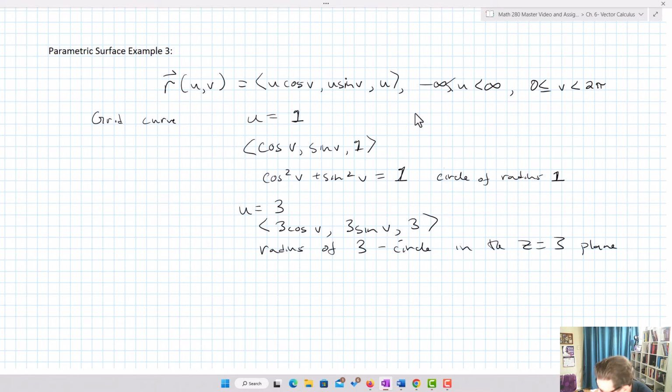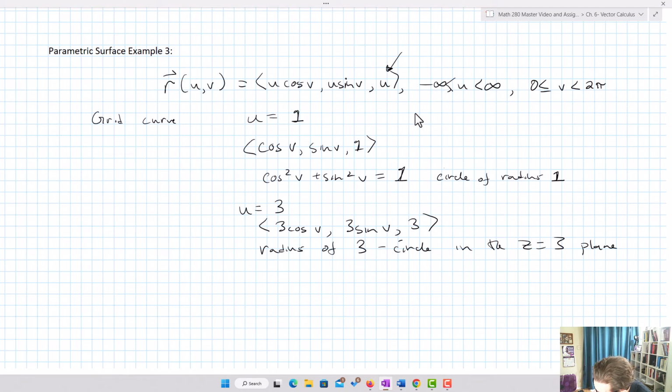So as we move up the z-axis, we end up getting larger circles, just like our last one. But notice, this is not a u squared. So we're not getting taller at an increasing rate, we're not doubling the height. As we increase u, they're going up at the same rate.